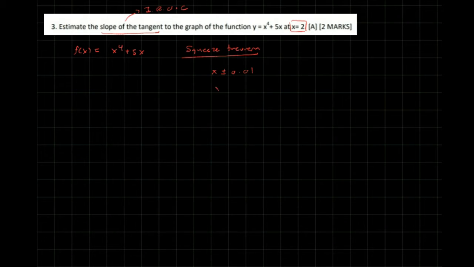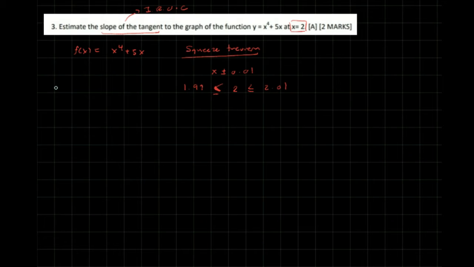So I can express 2 as a value that's between 1.99 and 2.01, right? So the slope of the secant at this small interval will be equal to the slope of the tangent.